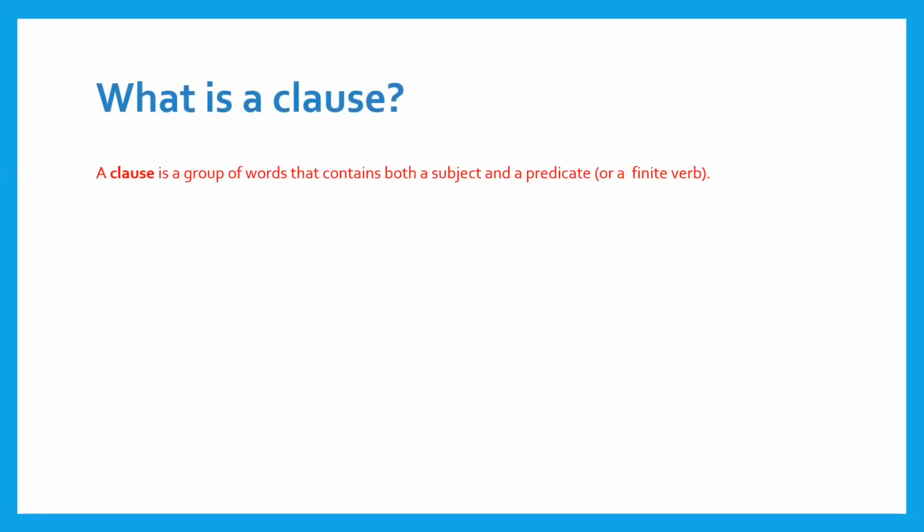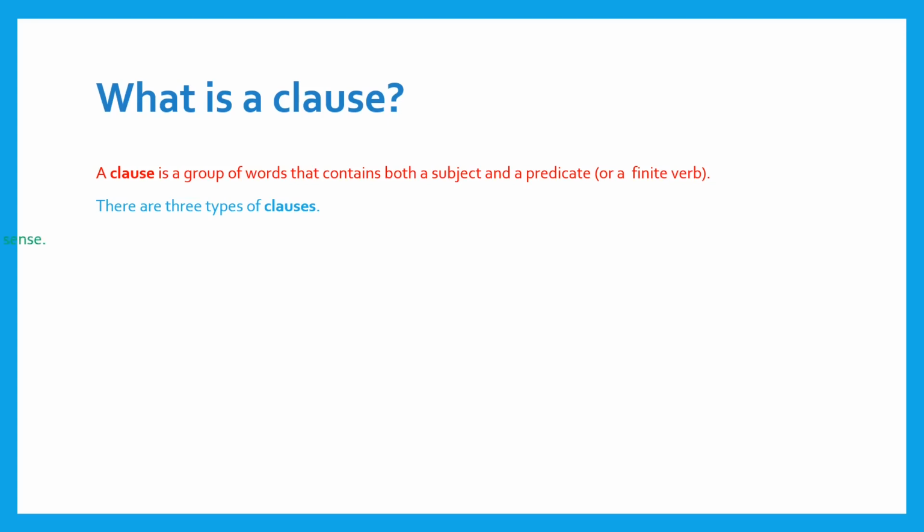A clause is a group of words that contains both a subject and a predicate. And that's what I mean to say a finite verb. And why should one learn clauses? It gives us a clear understanding and how to build sentences.